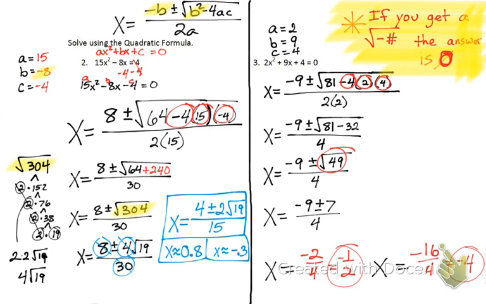There is no solution to that because you can't have a negative square root. So if this would have said the square root of negative 49 right down here, you'd have had no solution. You wouldn't have had to go any farther, just say no solution, because you can't do the square root of a negative number. You get error on your calculator, and that's not possible.